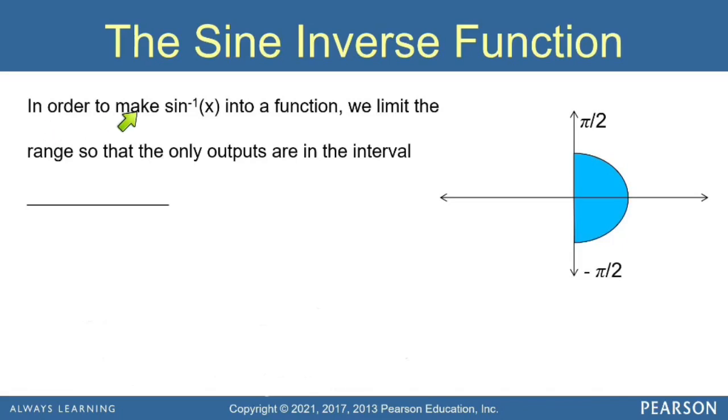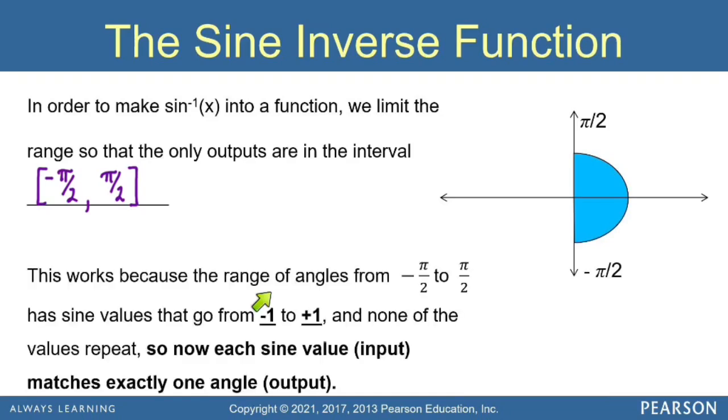Okay, so in order to make sine inverse of x into a function, we limit the range so that the only outputs are in the interval from -π/2 to +π/2. Or if you wanted to think in degrees, you could think from -90 degrees to +90 degrees.